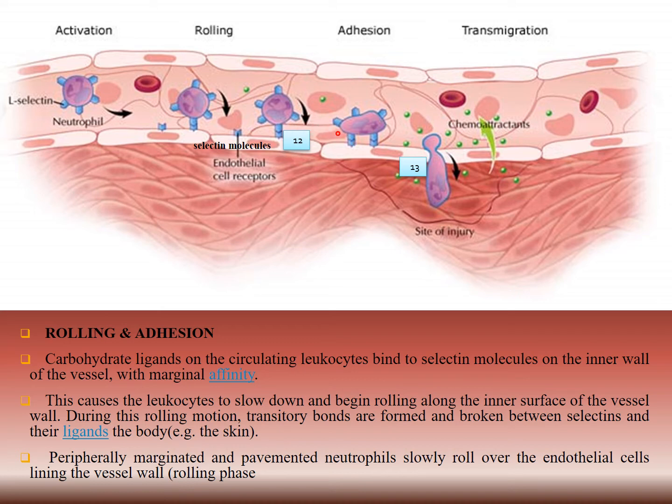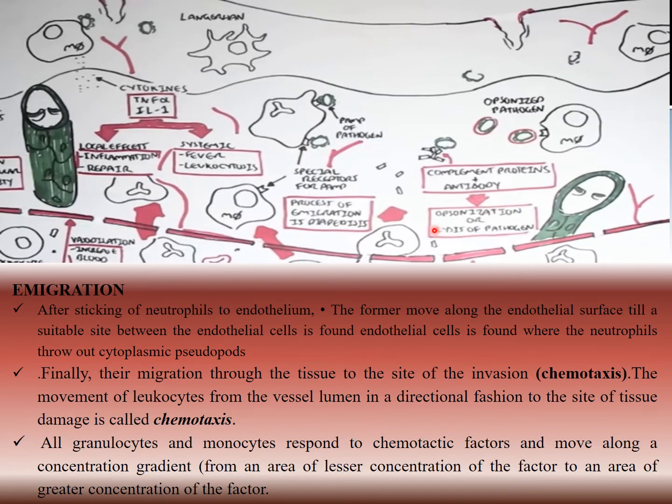They reduce their speed and move in a rolling manner alongside the inner wall of the vessel, and begin to exit through the gaps, which we call diapedesis, to the site of injury. Then, finally, their migration through the tissue to the site of invasion is known as chemotaxis, which is the directional movement of leukocytes from the vessel to the site of tissue damage.